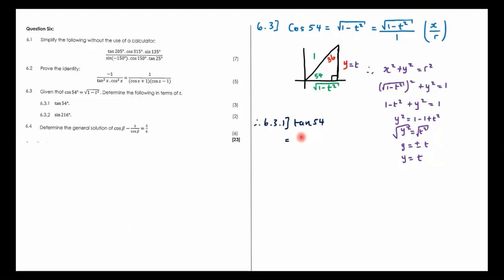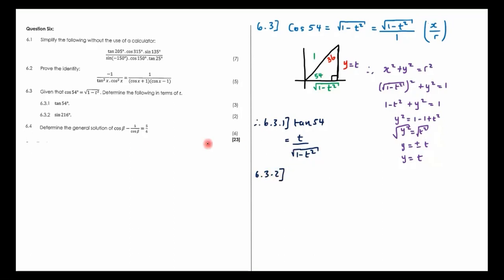Opposite is t over adjacent, which is root 1 minus t squared, right? Are you going to get the full marks? Yes. Why? Because you've already done this part, which they actually marked as the 3 points, right?